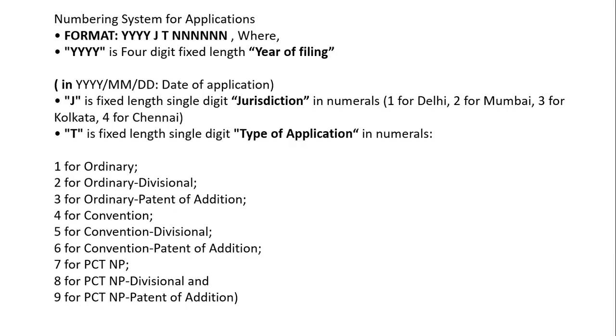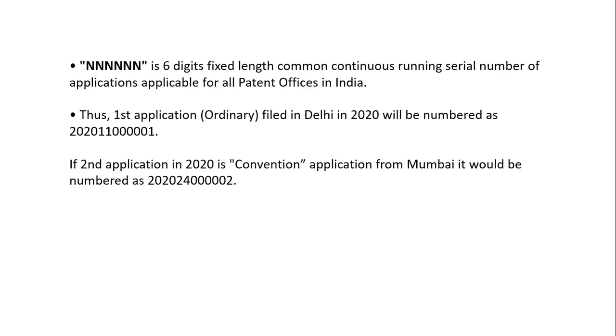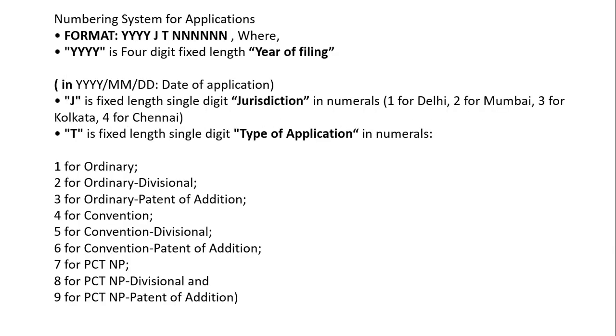So the type of application is 1 to 9: ordinary application, then ordinary to divisional, ordinary to patent of addition, and so on. This is followed by the 6-digit serial number, NNNNNN. So you have to remember this format also.